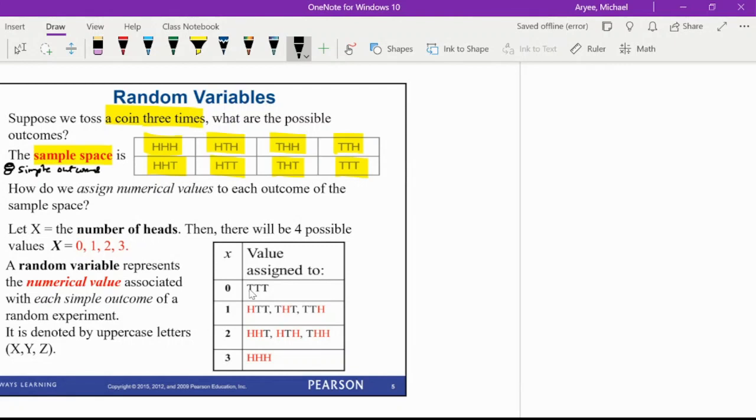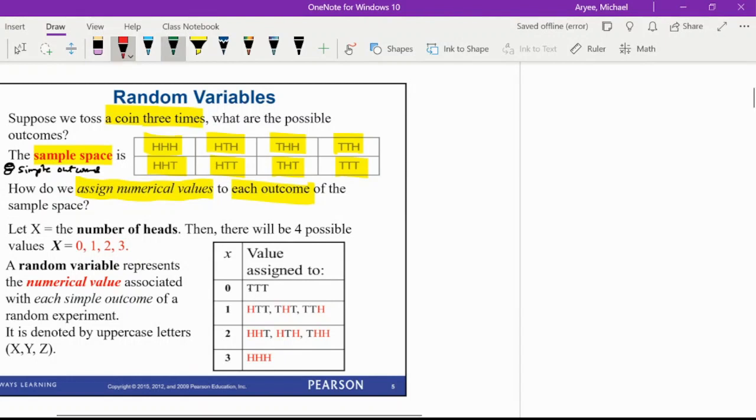Now, suppose we decide that we want to assign a numerical value to each outcome of the sample space. For us to do that, we have to express our interest in measuring something about each outcome of the experiment.